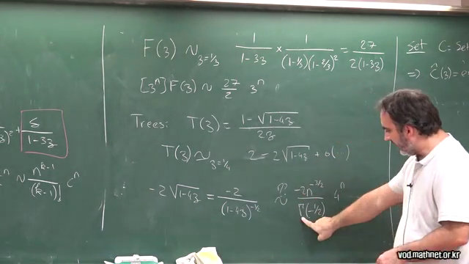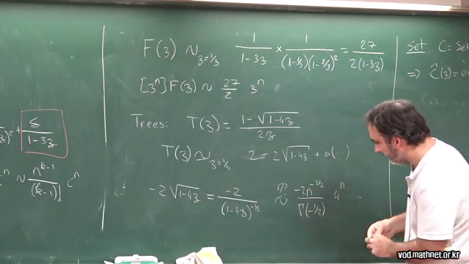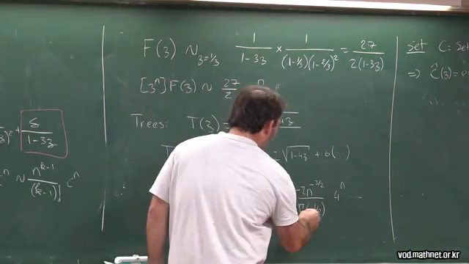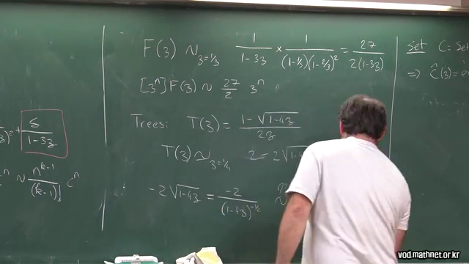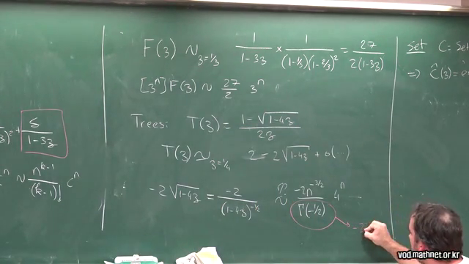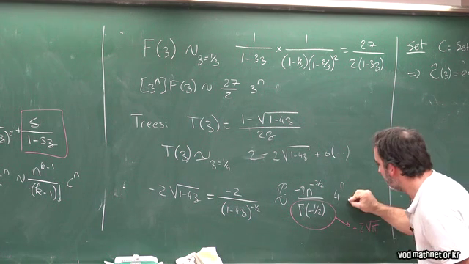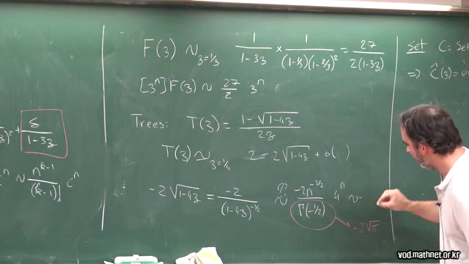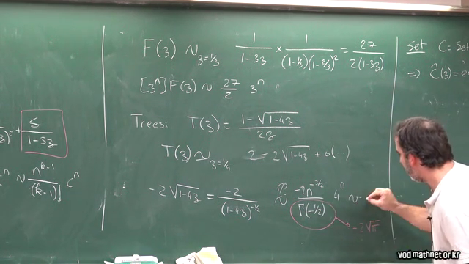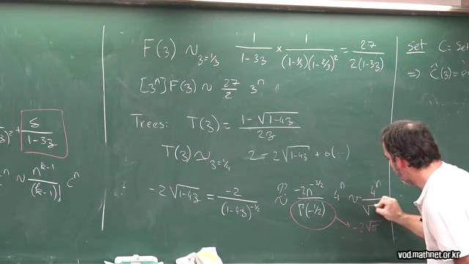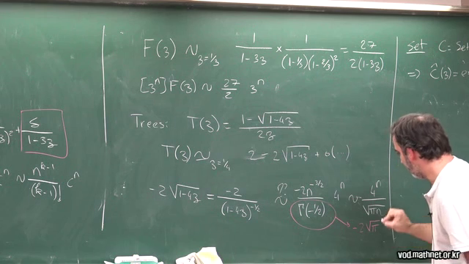And gamma, this, I need another color. This equals minus 2 square root of pi. And so, if you simplify, you get 4 to the n over square root of pi n cubed.